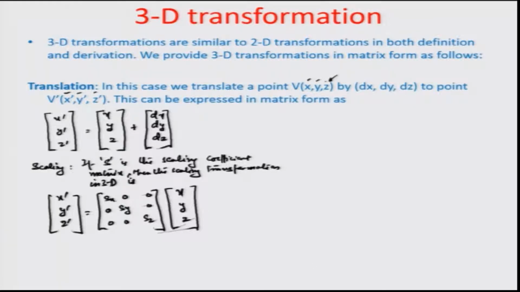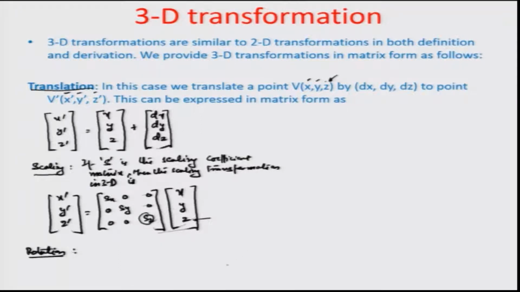So, I am just adding an additional coordinate z here and the scale along the z direction in order to translate this into the 3D scaling transformation equation.